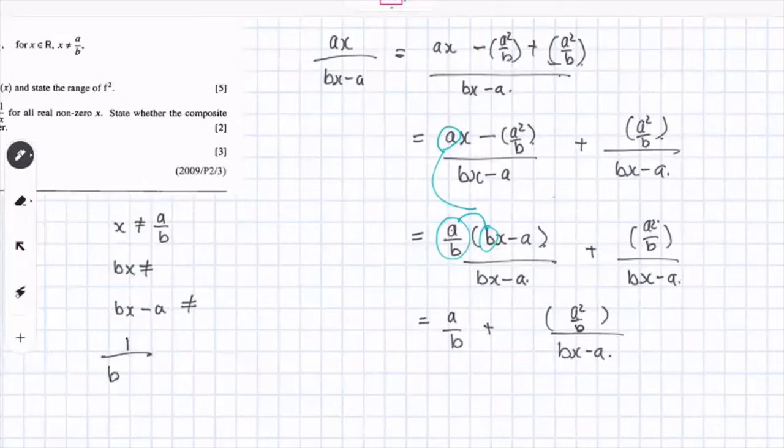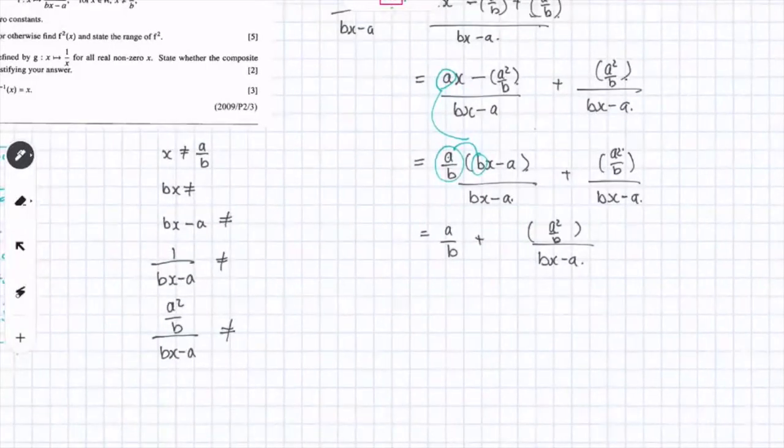1 over bx minus a is not equal to something. A square over b over bx minus a over b plus a square over b over bx minus a.